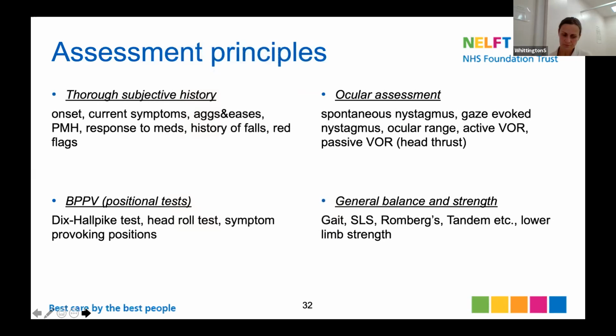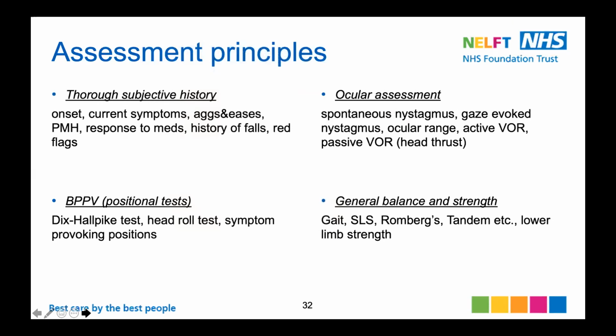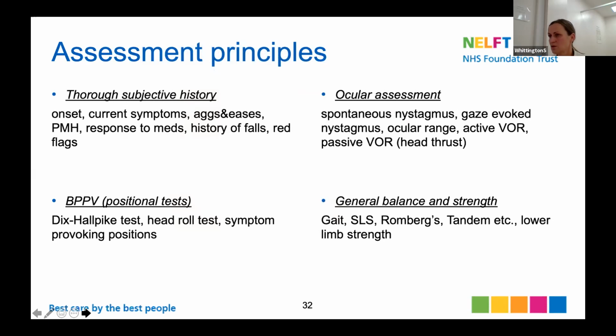So when you have a patient come to the clinic with symptoms of dizziness, as I said earlier on, the in-depth subjective history is really, really important, because that will give you an idea of what's going on. Is it potentially BPPV? Like I said earlier on, BPPV is very much underdiagnosed, especially in the elderly population, and patients are put on medication, or they become really fearful, or they fall.